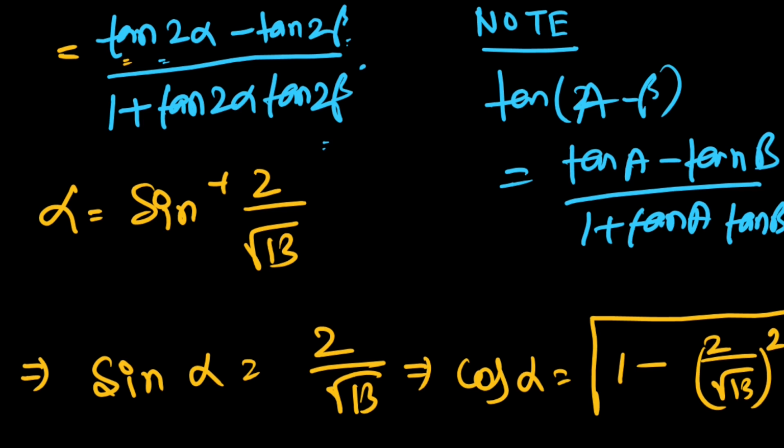Now we actually need the value of this expression: (tan 2 alpha minus tan 2 beta) over (1 plus tan 2 alpha tan 2 beta). So we got both values, tan 2 alpha and tan 2 beta. So put them here, then we get the principal value of this expression.